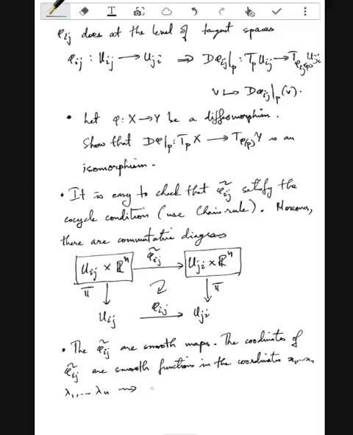In fact, each coordinate of phi ij tilde is a polynomial in lambda i's and the partial derivatives of phi ij.